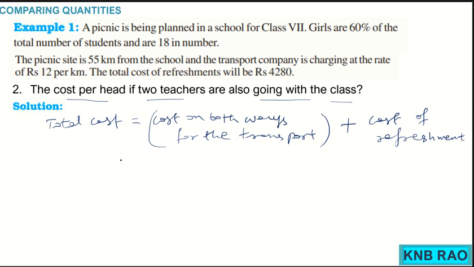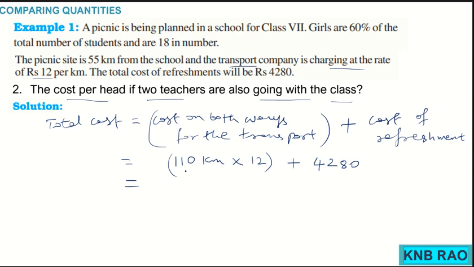Now, 55 kilometers you go in one way, that means 110 kilometers you will go in two ways, and this is the number of kilometers. Next, see children, the transport company is charging at the rate of 12 rupees per kilometer, that means into 12 will become the cost for transport, plus the cost of refreshment is rupees 4280.